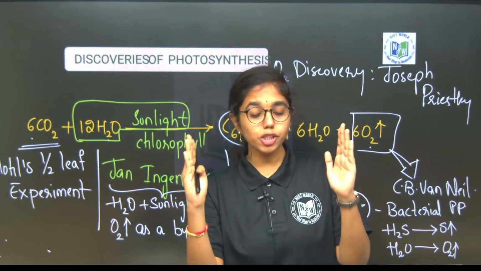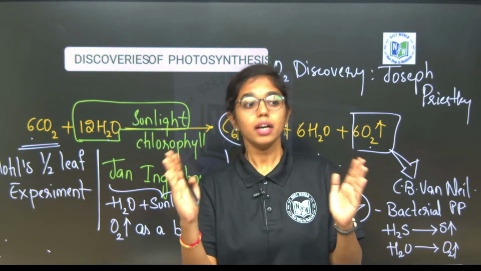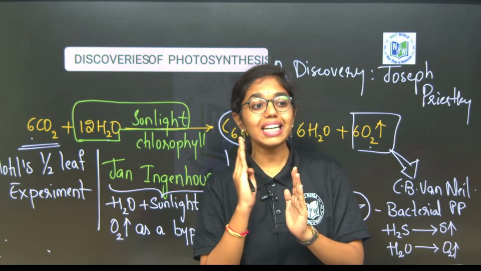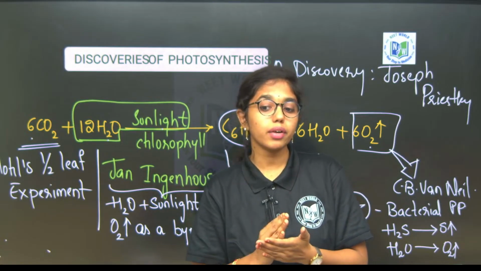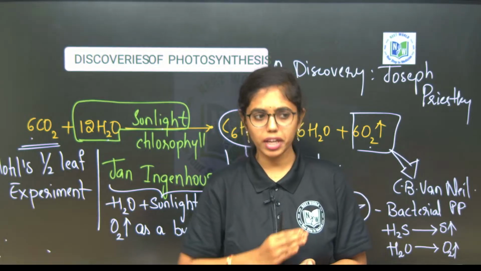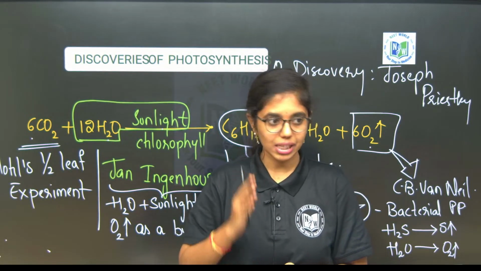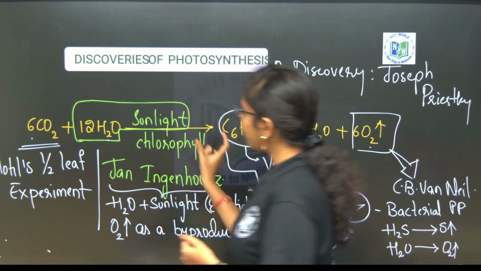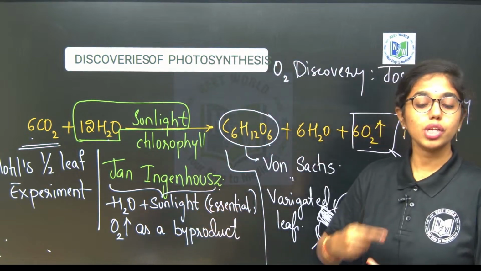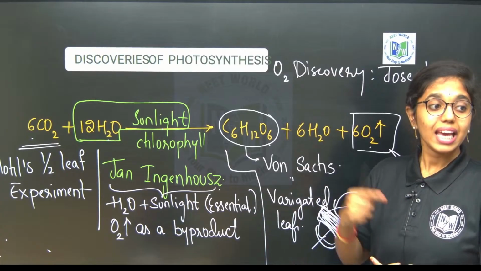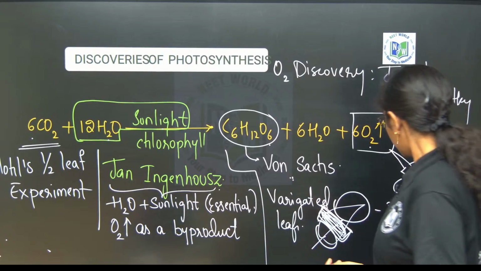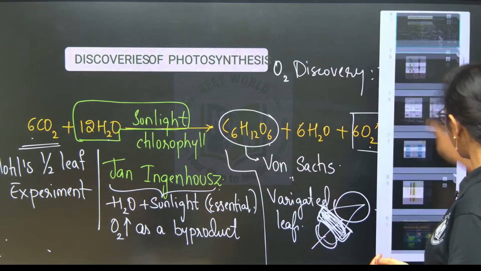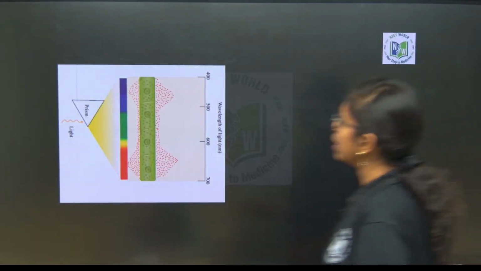From that visible spectrum, photosynthetically active radiation is required for photosynthesis, wherein the maximum amount of photosynthesis is done in peak regions. Which wavelength is actually necessary for this process was explained by T.W. Engelmann. Who is that scientist? T.W. Engelmann.